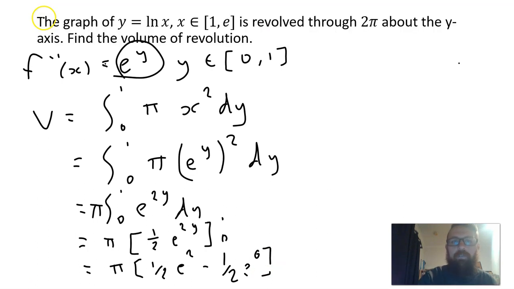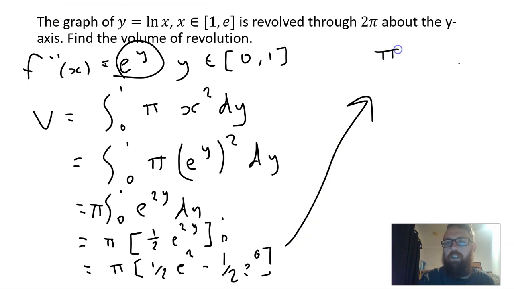We could leave it in that form, that's fine. Another way of writing it, noticing there's a half in both, is to bring that half out the front: pi on 2 times e squared take 1, and we call that units cubed.